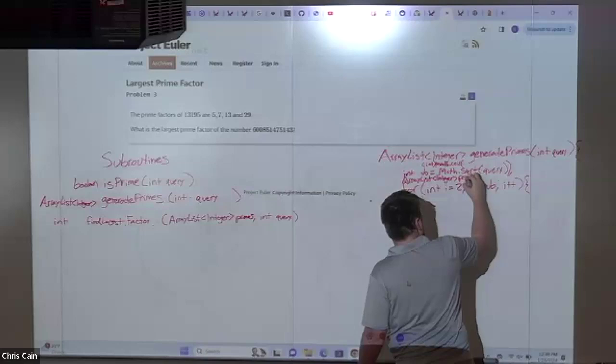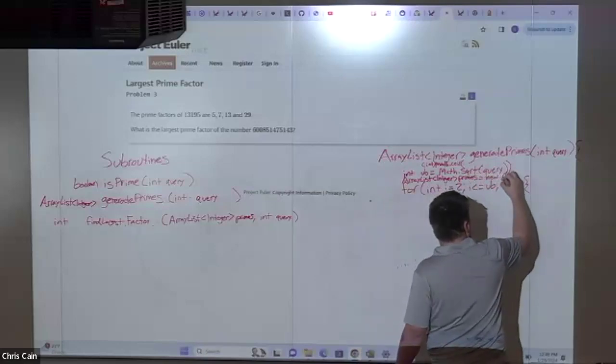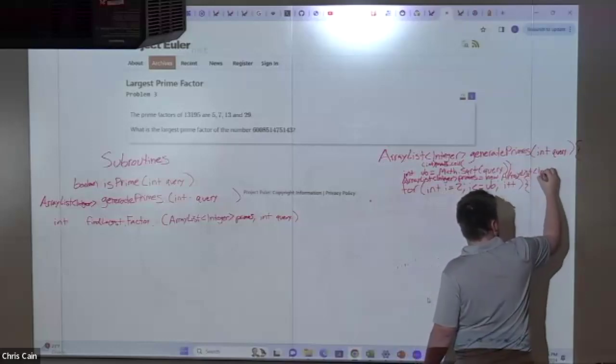primes equals new ArrayList, type Integer.